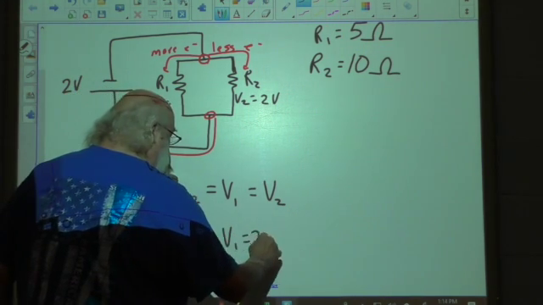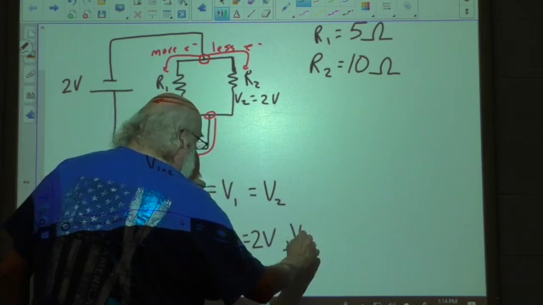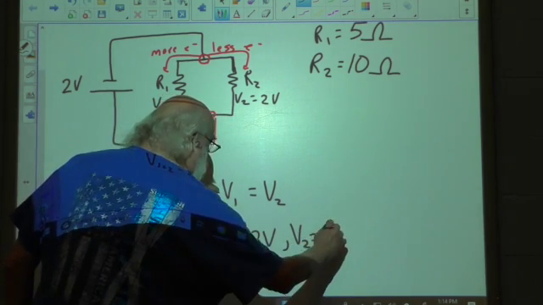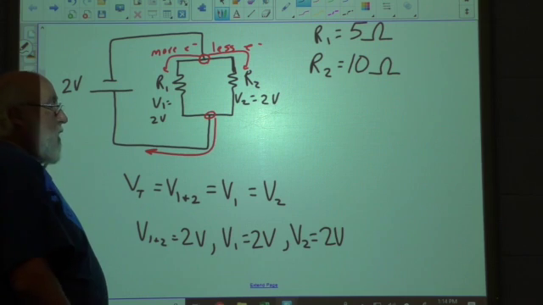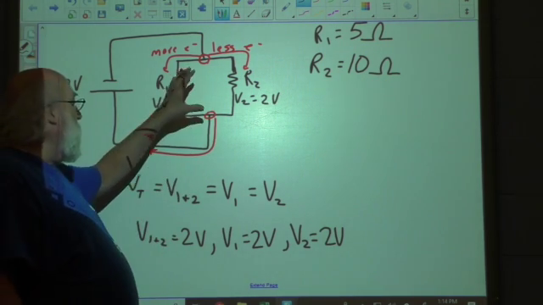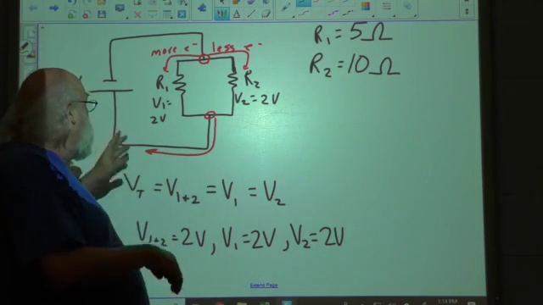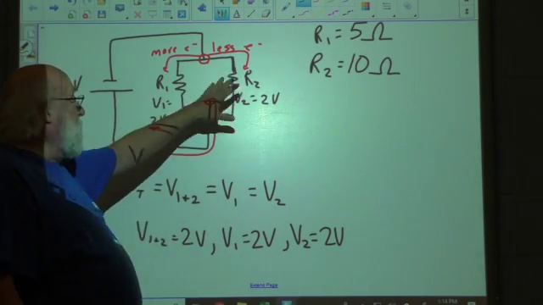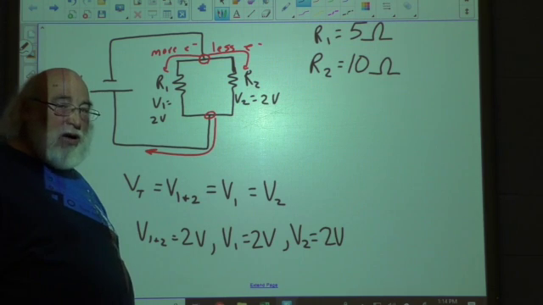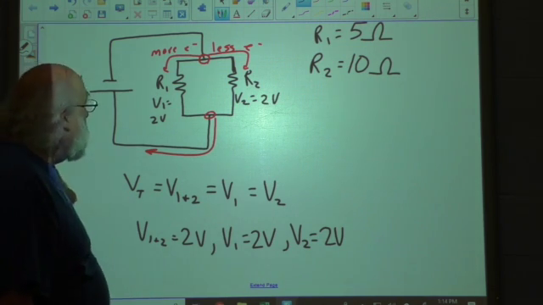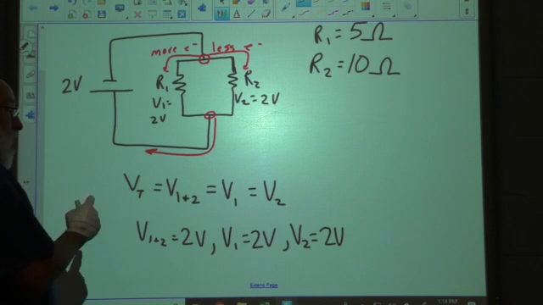V1 is going to be 2 volts and V2 is going to be 2 volts. So that's a big difference. In the series circuit, the sum of the voltage across each resistor equals the total volts. Here, it's split evenly between the 2 parts of a parallel circuit.